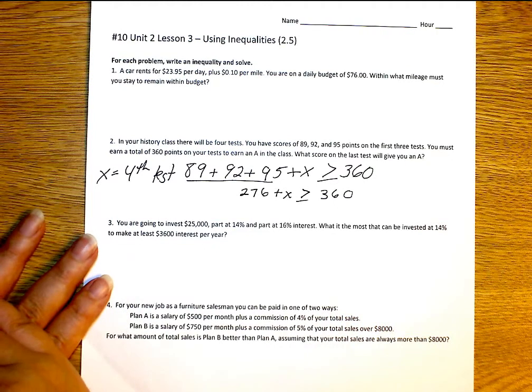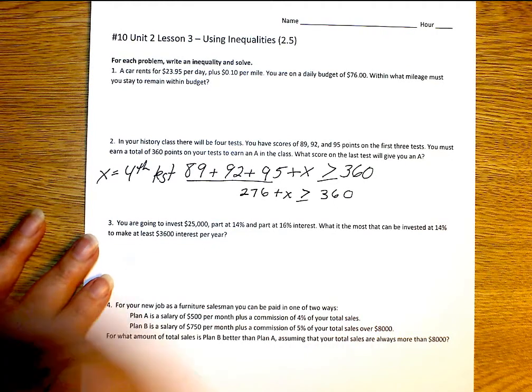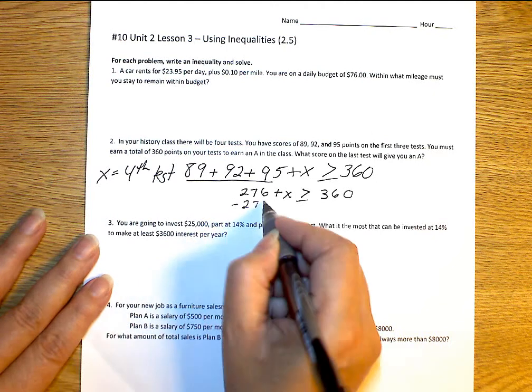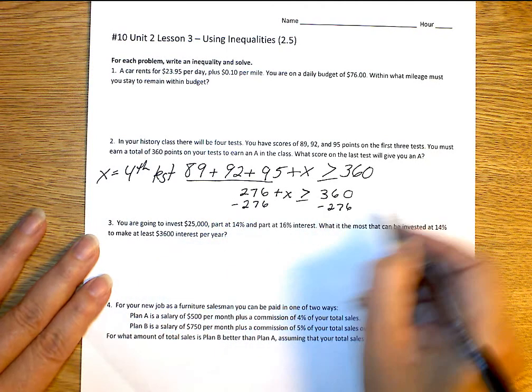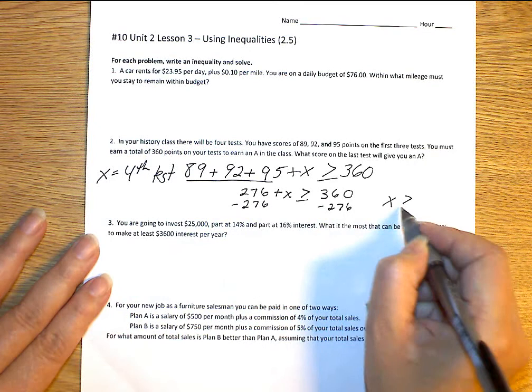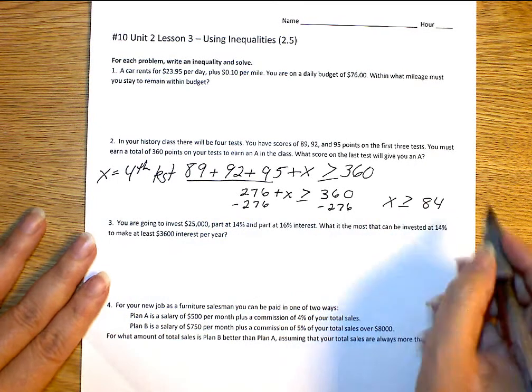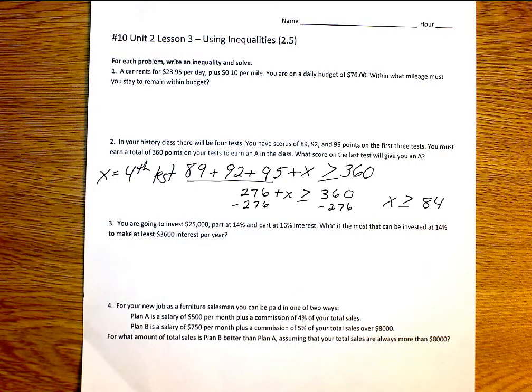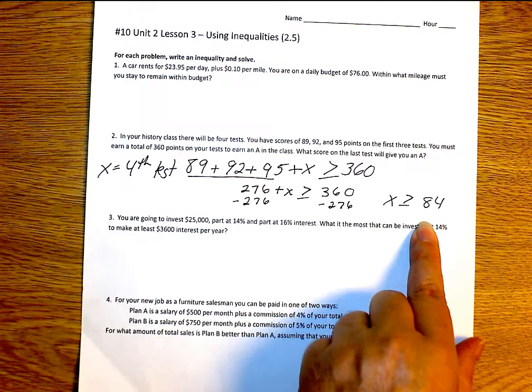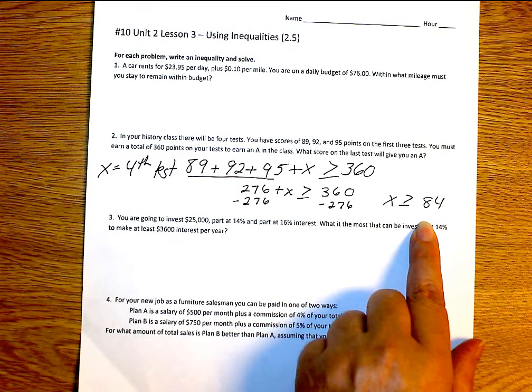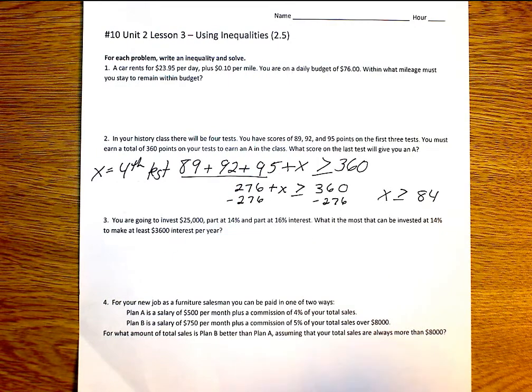Then what'd you say you gotta do? So X is going to be greater than or equal to 84. So what does that tell us? That tells us that he has to get an 84% or higher to get an A in the class, right?